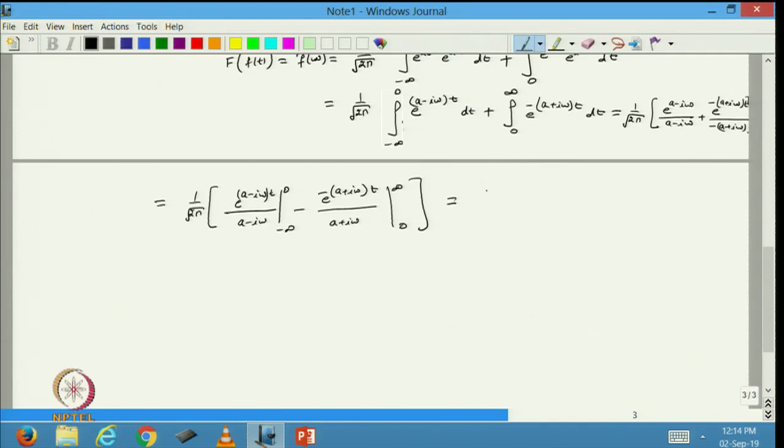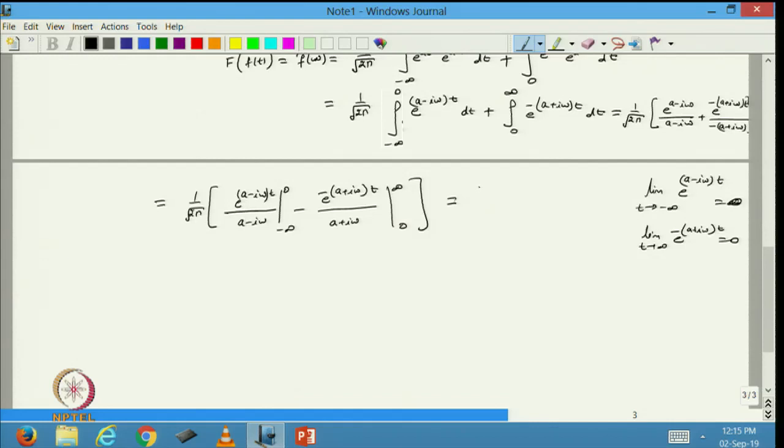And now in this expression we know that the limit t tends to minus infinity of e raised to a minus i omega t will be 0, and the limit t tends to infinity of e raised to minus a plus i omega t will be 0, because this is a decay function, and when t tends to minus infinity this value will be 1 over infinity, and that will be 0. So, in this case this will be 0.